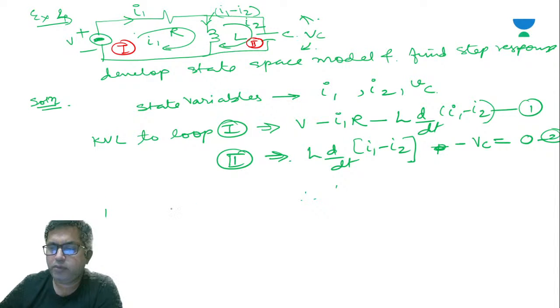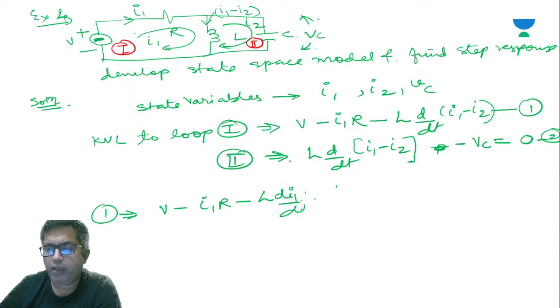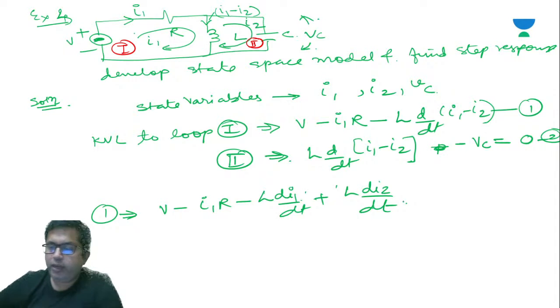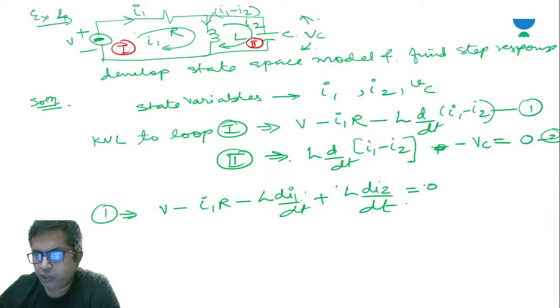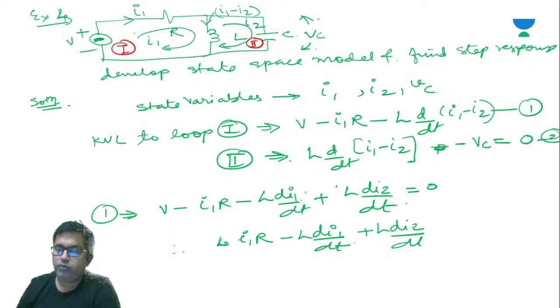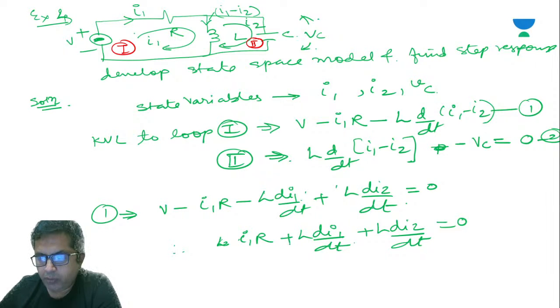So from 1, V minus I1 R minus L di1 by dt plus L di2 by dt is equal to 0. So this will be plus, this will be minus.